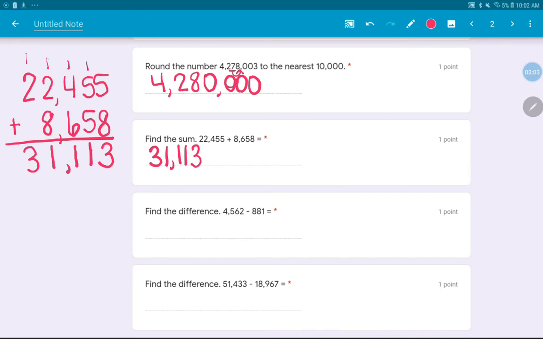Next, we're finding the difference. 4,562 minus 881. Caden, how do I do that? You subtract. Okay, so tell me what I need to do.